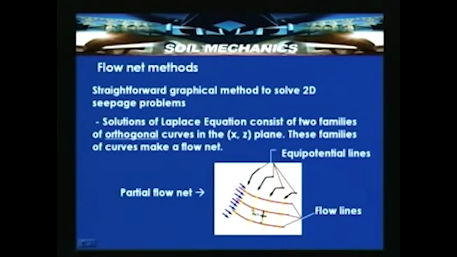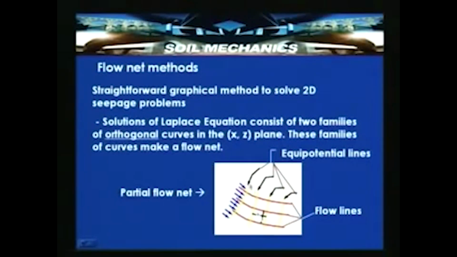They are called flow lines. The space between any two flow lines is called a flow channel, and between two equipotential lines a head loss will occur. So the flow is occurring in that direction, and there will be a loss of head between the potentials.